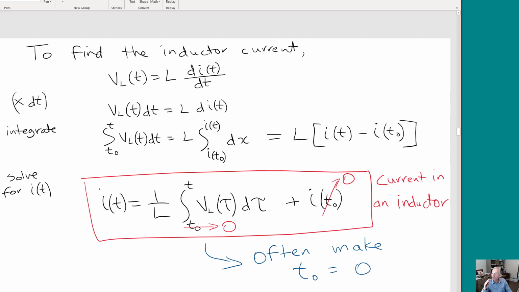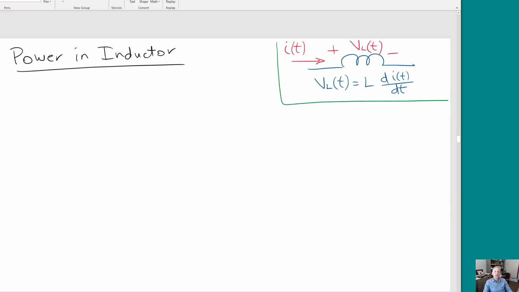If you recall, in the capacitor waveforms, in some cases t was not equal to 0 as an initial time.